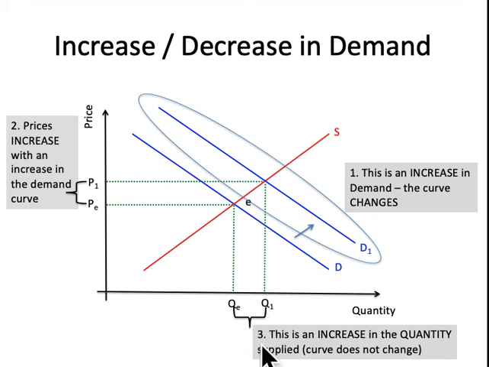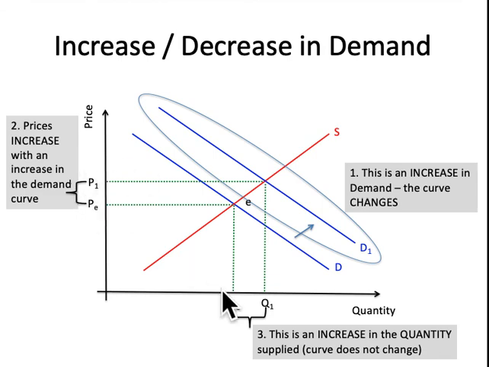And so this number, step number 3, is an increase in quantity supplied. And you'll notice this red supply curve has not actually changed, and that's why I call this an increase in quantity supplied. So let's backtrack. Step 1, demand has increased. That causes a price to increase. So prices go up, that's step 2, and that price increase causes suppliers to want to have an increase in quantity supplied, right?